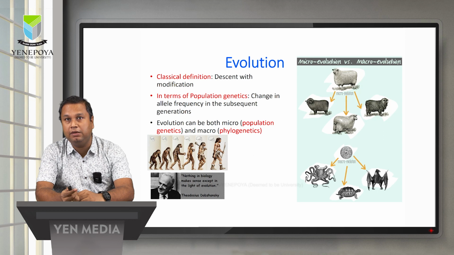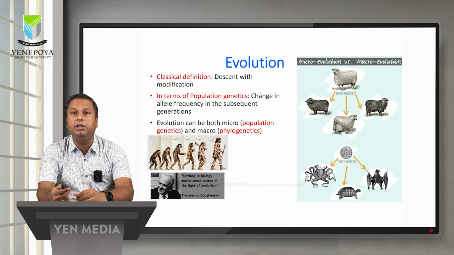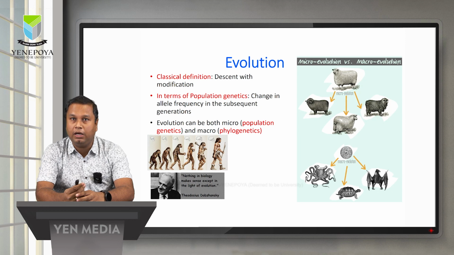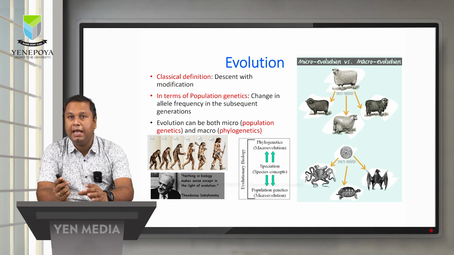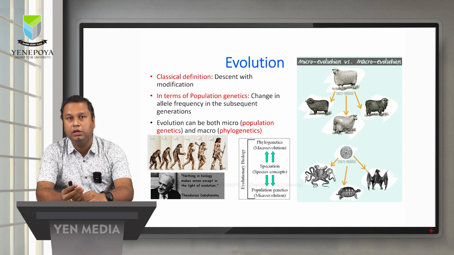In the second diagram, mentioned as macroevolution, all 4 organisms are completely different. And when we talk about evolution, this is what we actually think about. But evolution can occur at both the micro as well as macro level. And speciation is the concept that separates microevolution from macroevolution. For today's class, we will only focus on microevolution, that is evolution at the population level, that is evolution below species level.